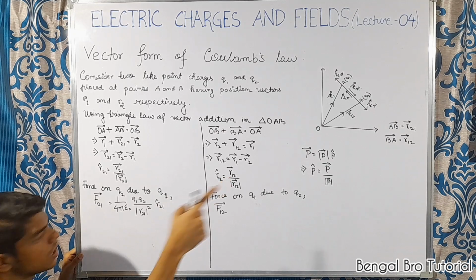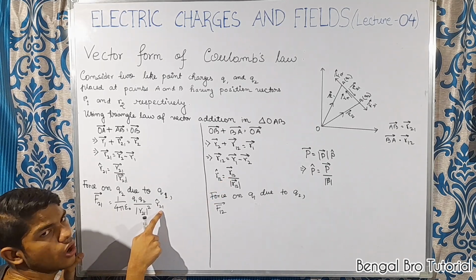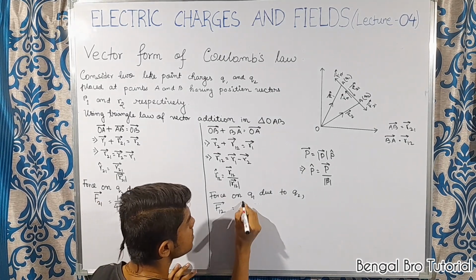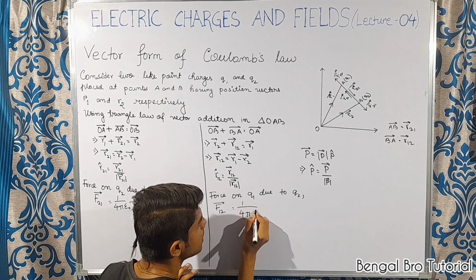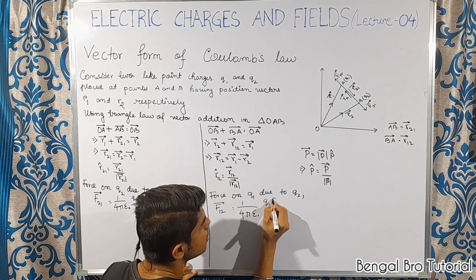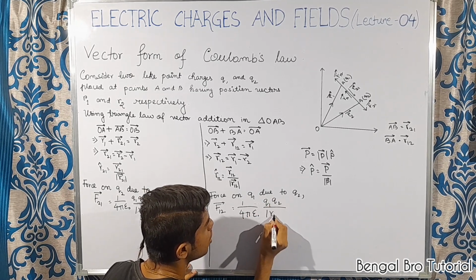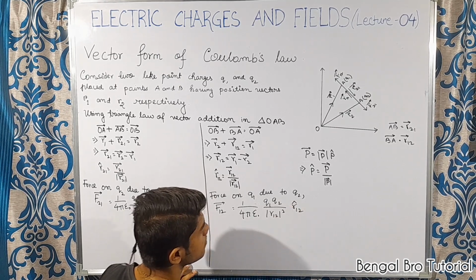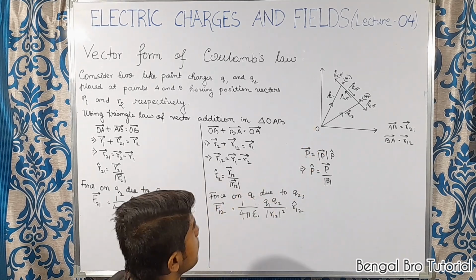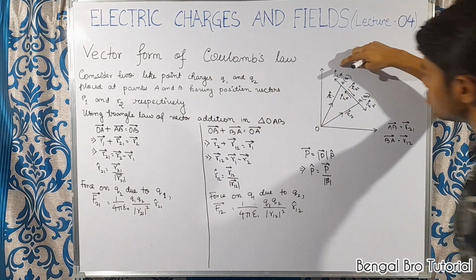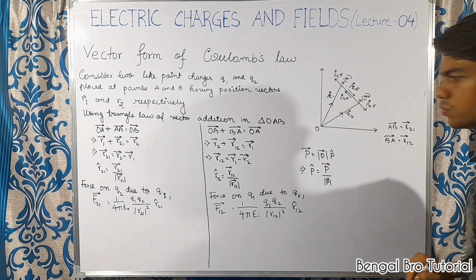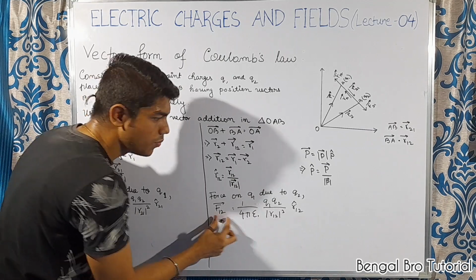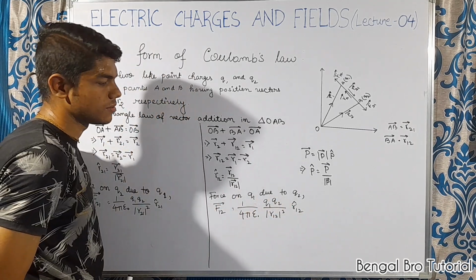And if you match it with the diagram, you will see F21 is in the direction of R21. And F12 can be written as 1 by 4 pi epsilon naught Q1 Q2 by mod of R12 square into R12 cap. Just check the diagram. F12 is in the direction of R12. So this part is giving us the magnitude of force 12 and this part is giving us the direction.